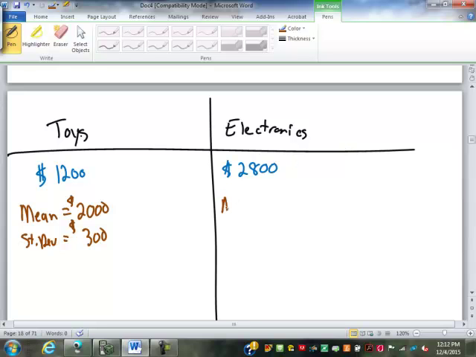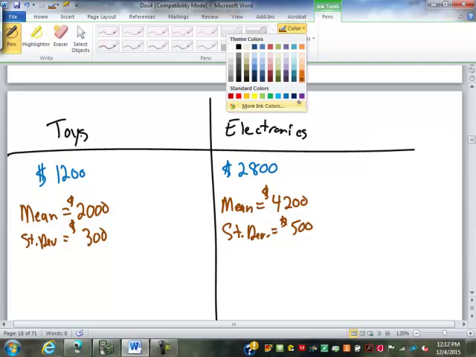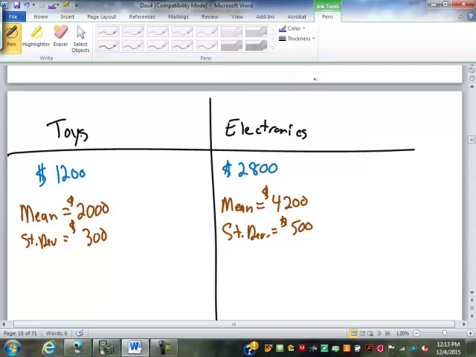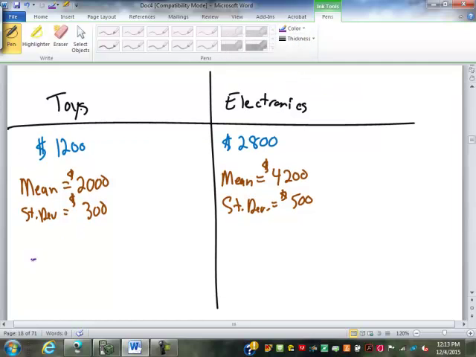All the other associates in electronics had a mean sales of $4,200 that week with a standard deviation of $500. So we do Z-scores. I'm going to have you find the Z-score for both associates, and we'll talk about that in just a minute.